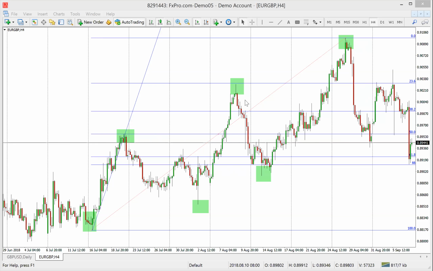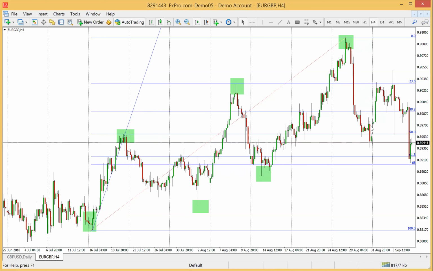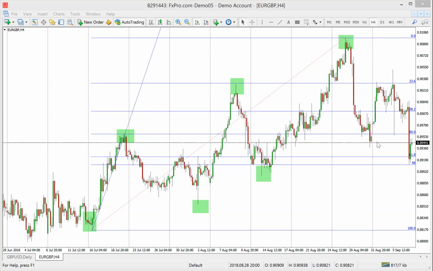Yeah, it works well with the Fibonacci, because in this example here, Daniel, you've got the upward move, so 1, 2, 3, 4, 5. Then you have the A, B, C. But as you know, we've drawn the Fibonacci from the low of wave 1 all the way to the high of wave 5. And as you can see, price has found support at the 66.0 level, bang on the level.